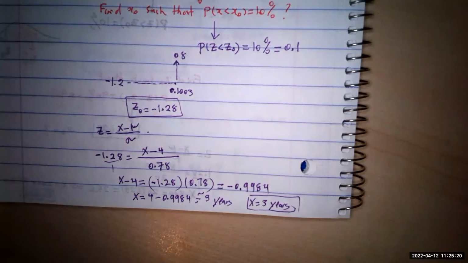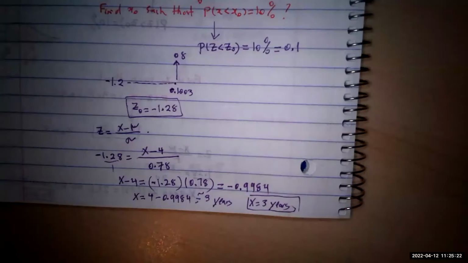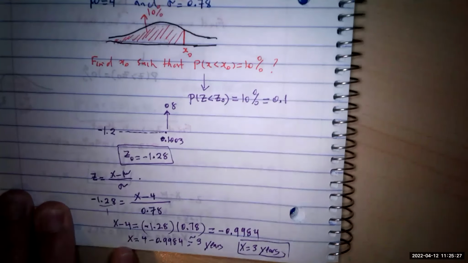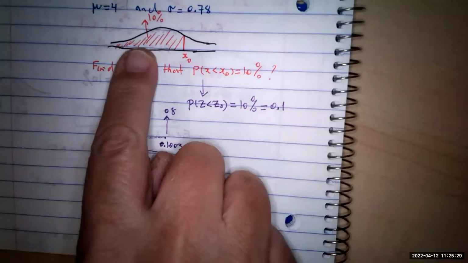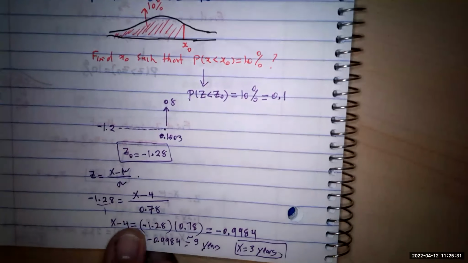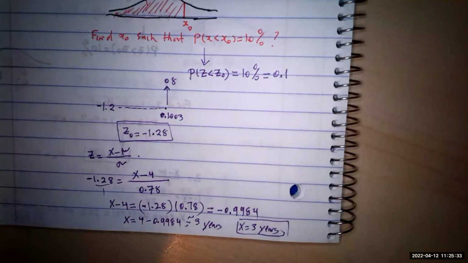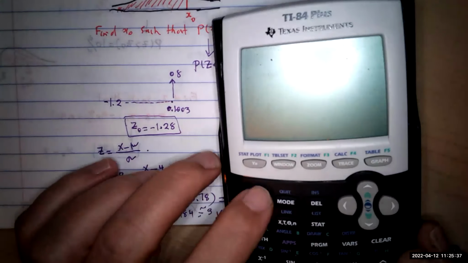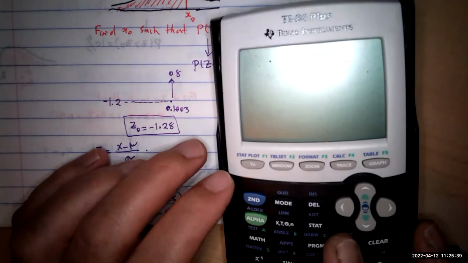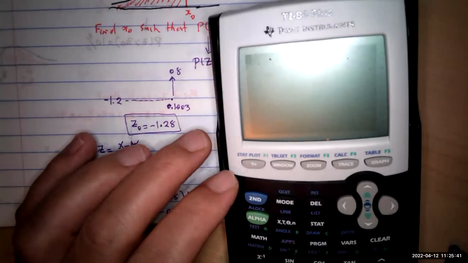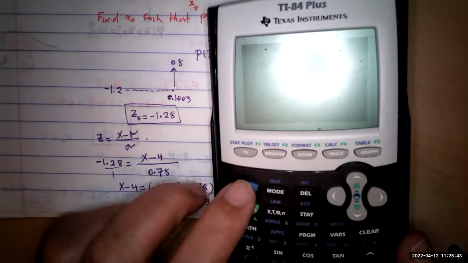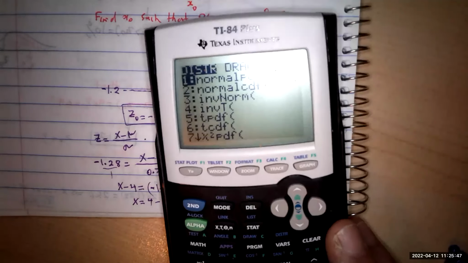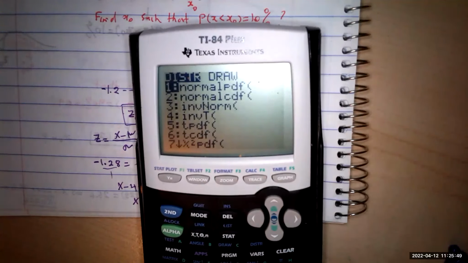Your calculator, of course, as soon as you identify that, you have to identify that 10% for yourself first. Because if you want to use the calculator, you have to make sure that you're using the area to the left. So you go back to your calculator if you want to do it. That is going to be second, and I turn it on first. So that's second, distribution. We need the inverse normal, number 3.